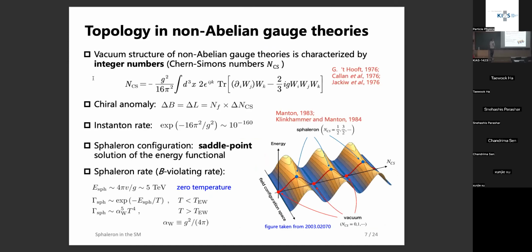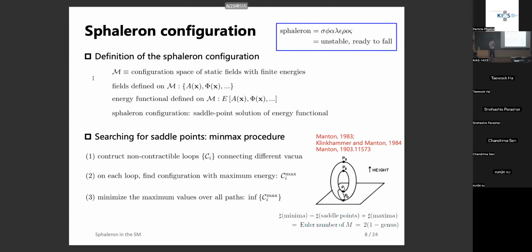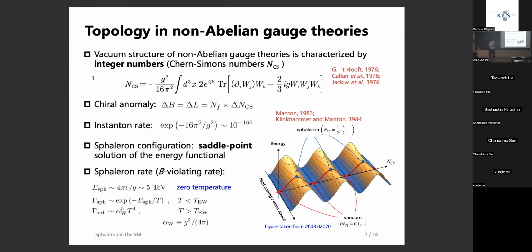Let me first briefly review the Sphaleron configuration in the standard model. We know that the vacuum structure of a general non-abelian gauge theory is non-trivial, and the vacua can be distinguished by some topological numbers, which are integers, called the Chern-Simons numbers, N_CS. The Chern-Simons numbers are functionals of the gauge fields, and also depend on the gauge coupling g.